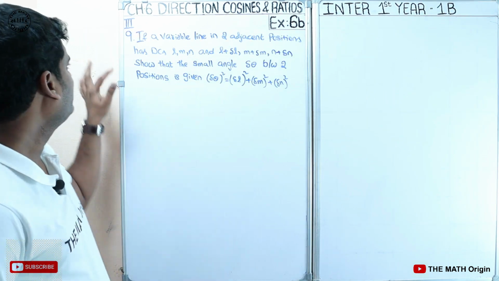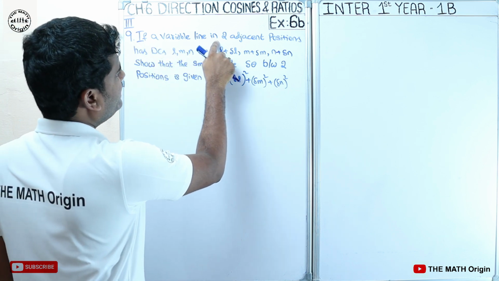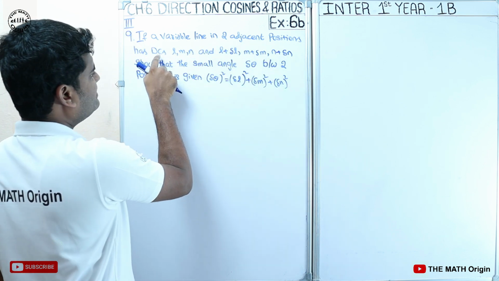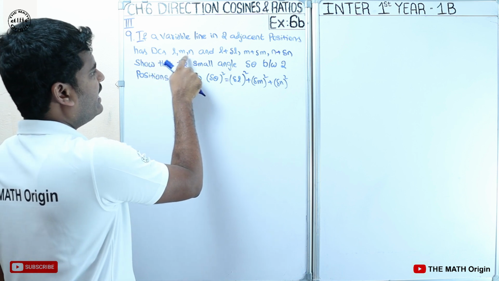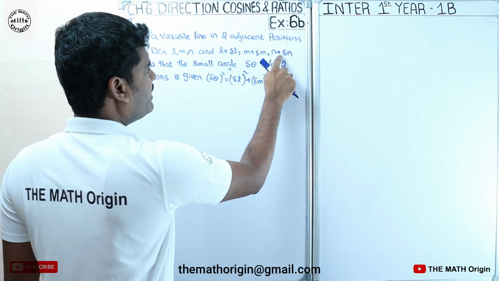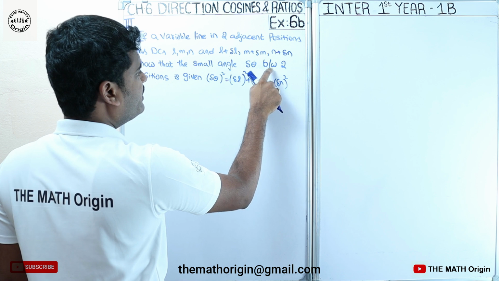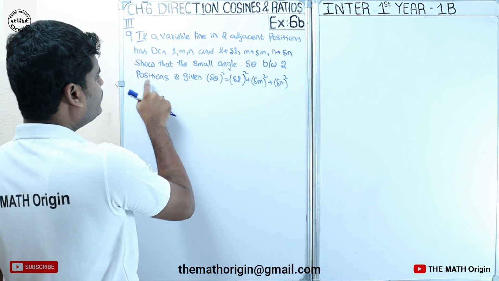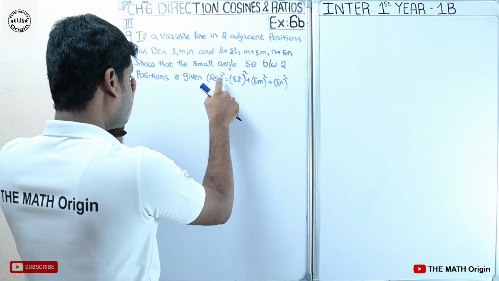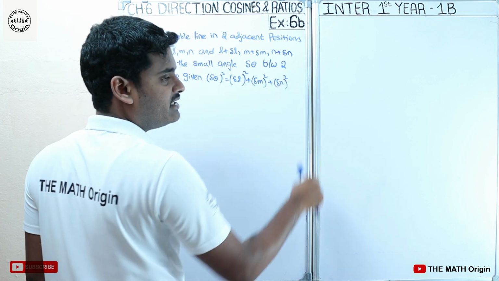9th question from the 3rd section, last question. If a variable line in two adjacent positions has DCs, direction cosines, l, m, n and l plus delta l, m plus delta m, n plus delta n, show that the small angle delta theta between the two positions is given as delta theta square equals to delta l square plus delta m square plus delta n square.